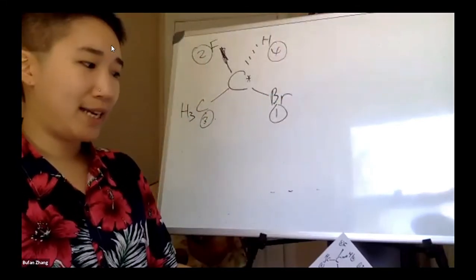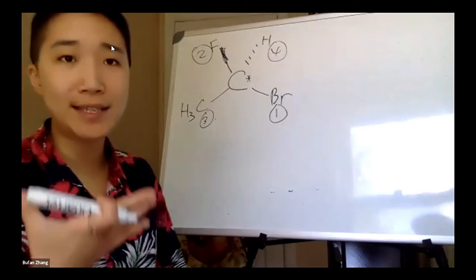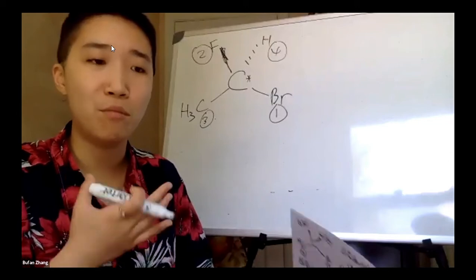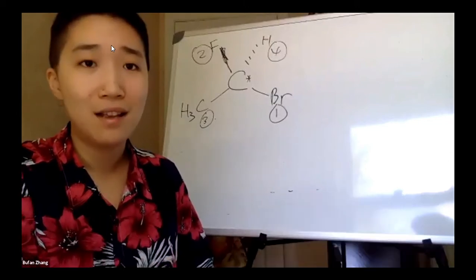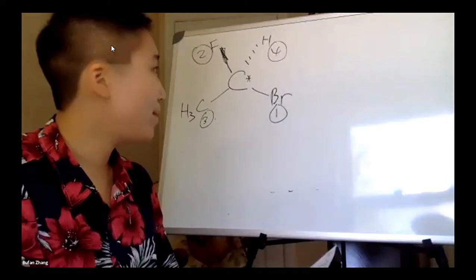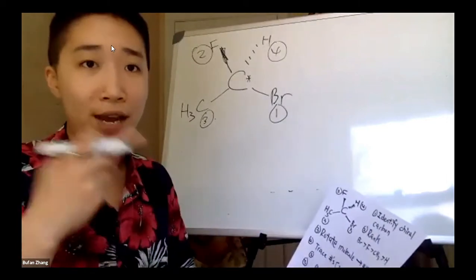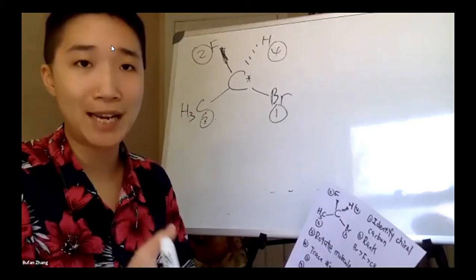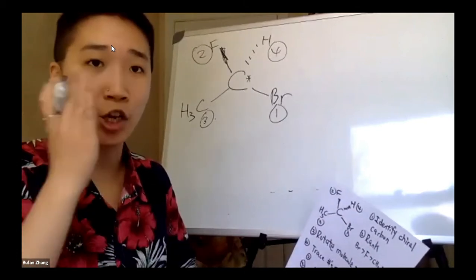We're done with ranking. So the third step is the most difficult step, and that's the step where people make the most mistakes. So let's look at the molecule, and we want to rotate the molecule in our heads such that the lowest ranking group is going into the board.